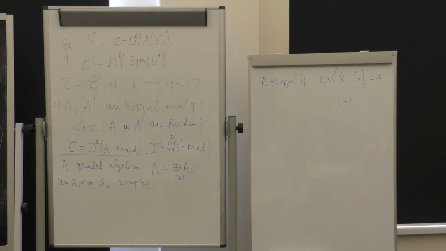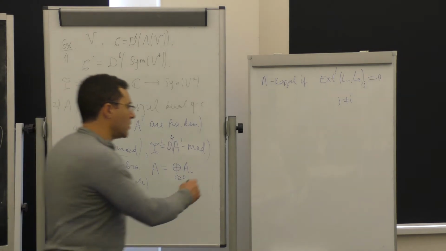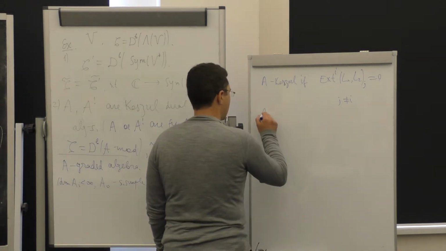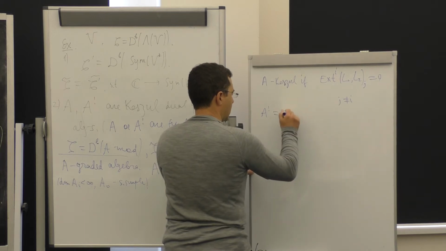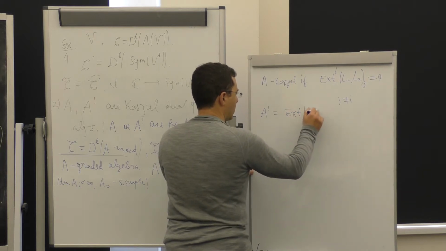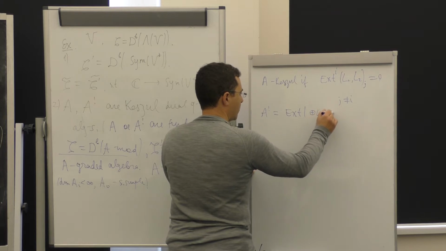In other words, A shriek is just Ext from the sum of irreducibles to the sum of irreducibles.